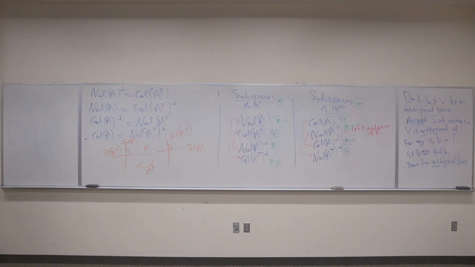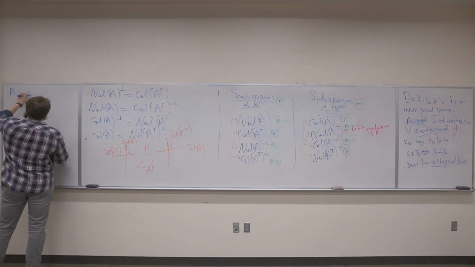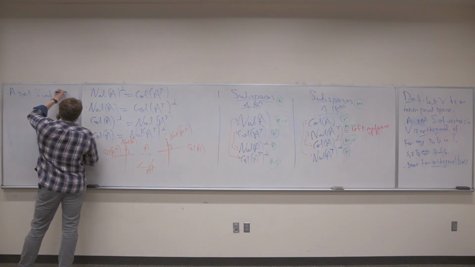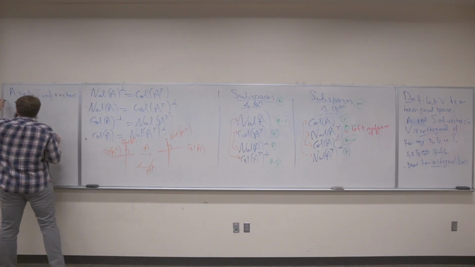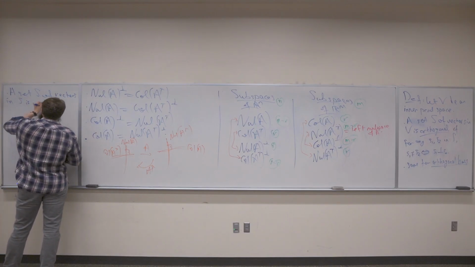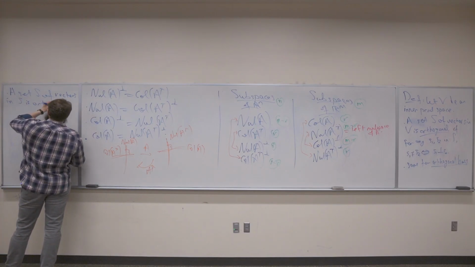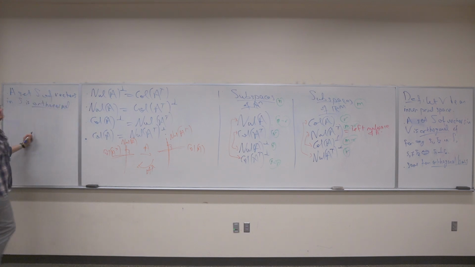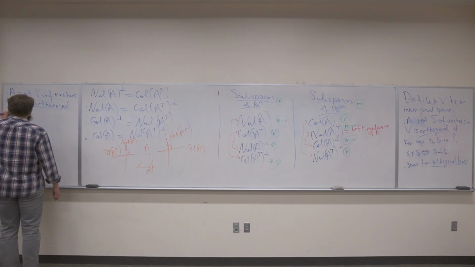A set S of vectors in V is orthonormal, not orthogonal, orthonormal, if it is orthogonal and each vector is unit.